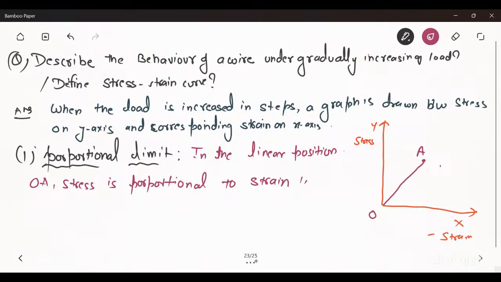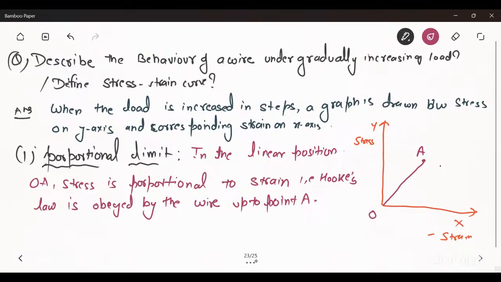That means Hooke's law is obeyed by the wire up to point A. So at point A, Hooke's law is obeyed.